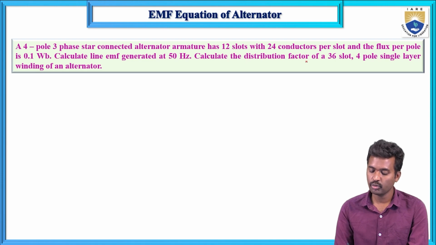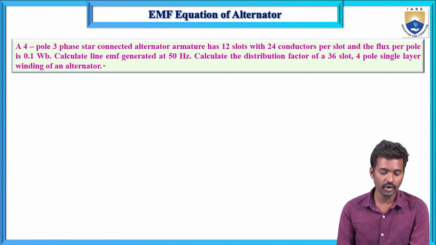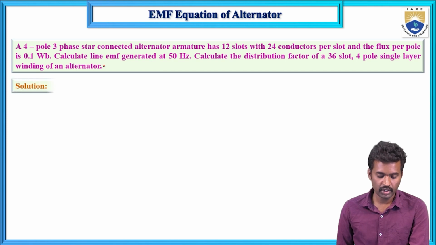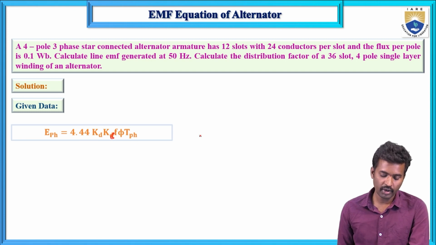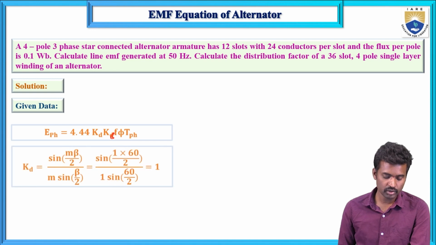Calculate the distribution factor of a 36 slot 4-pole single phase single layer winding alternator. Now here E phase equals 4.44 kd into kc into f into flux into T phase. Here kd is calculated from this one.